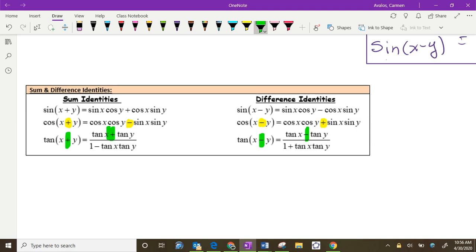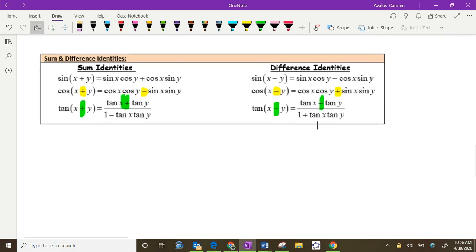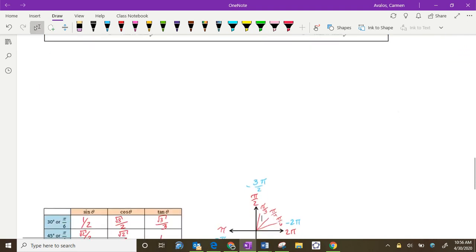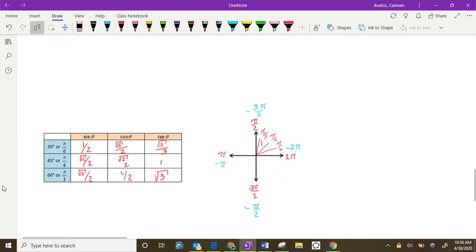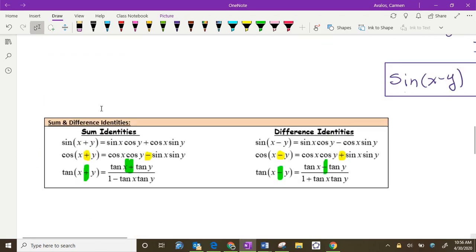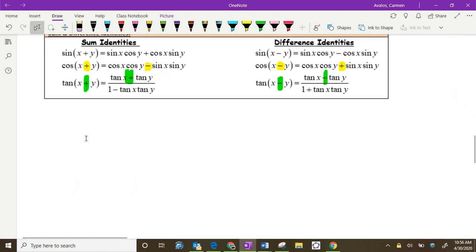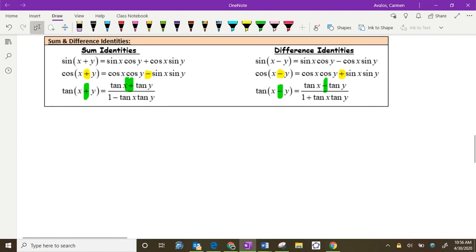Okay. So let's do some problems on there. We'll move this down because we'll use that later. Okay, so let's use some identities and see how we're going to use this. Let's do a problem that says tangent of 165 degrees.